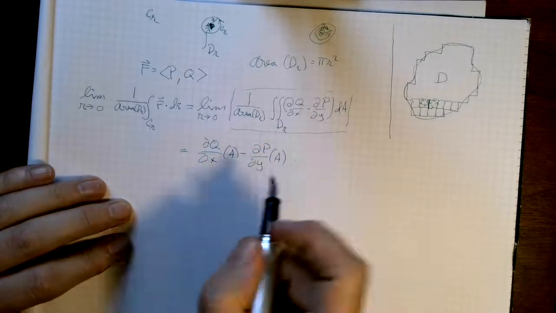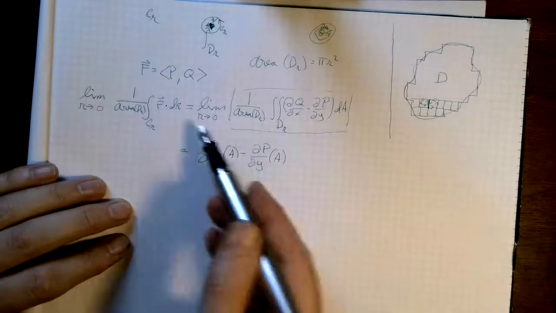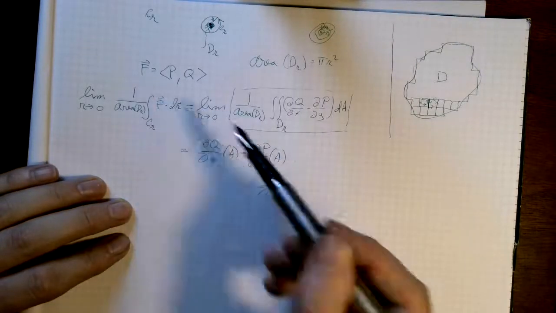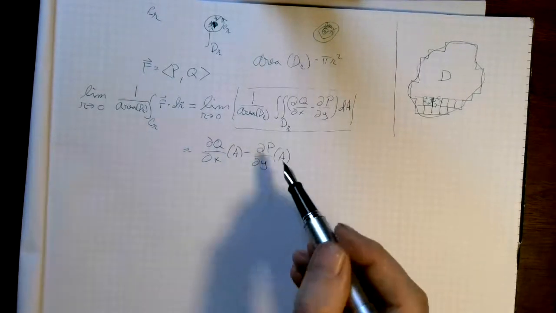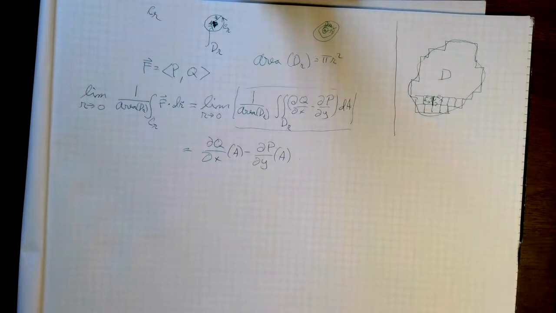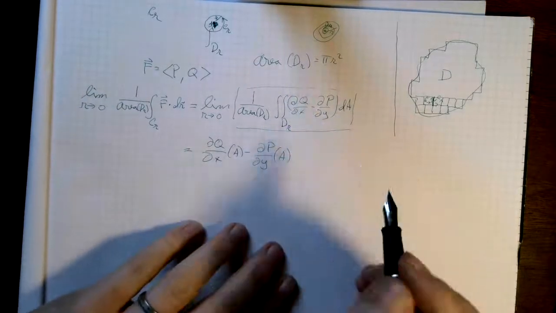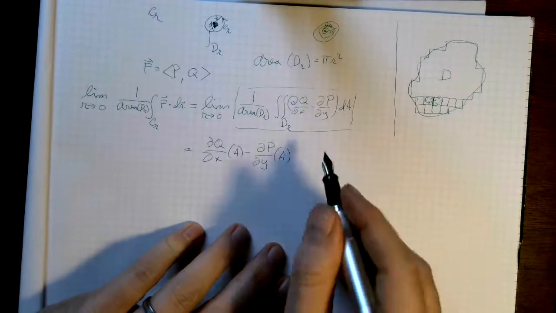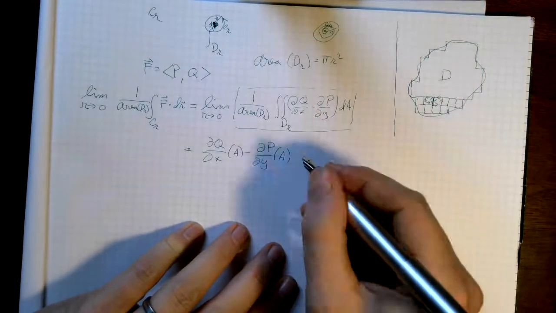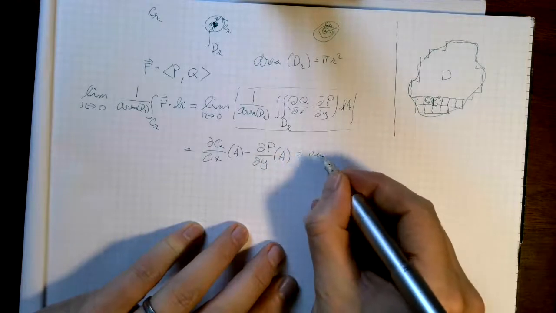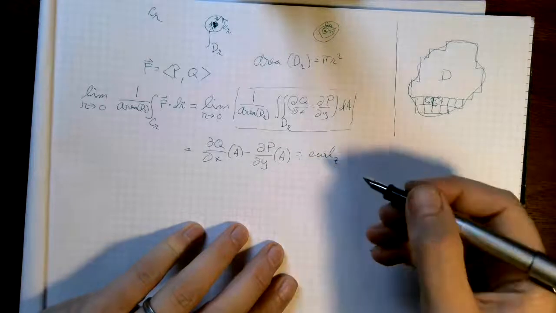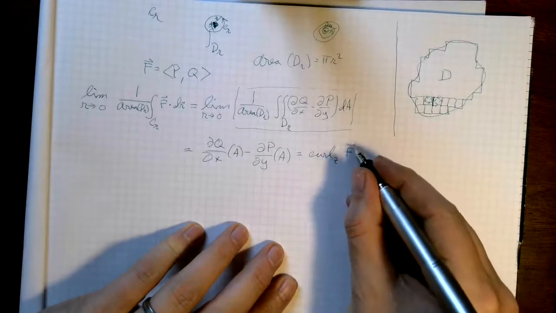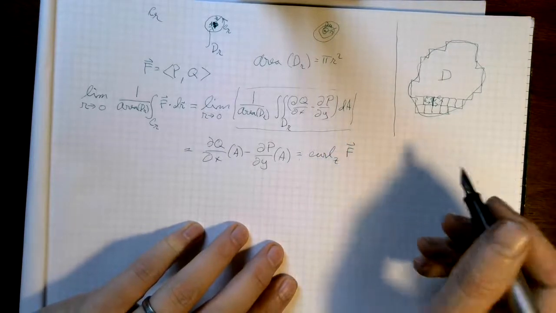All right. So we actually computed what this is using these derivatives, and it's precisely the thing that appears under the integral in Green's theorem, and this is what we call the curl_z of F, this vector field, at A, of course.